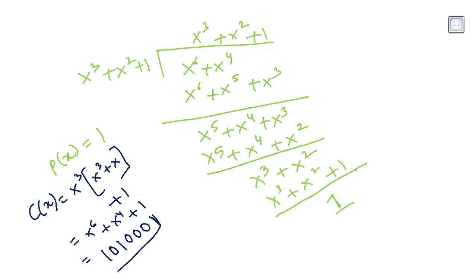So this is my code word: 1010, that is data, followed by 001, that is parity. So just by doing this, we will be getting a systematic code word.